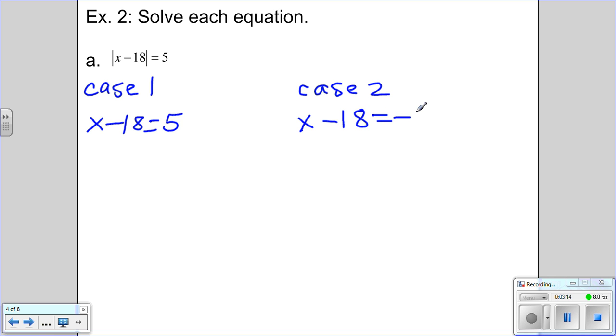Because if x minus 18 inside those absolute value bars equals negative 5, you're also going to get positive 5 for an answer. Okay, so let's solve each case here and see what our two solutions are. So I'm going to add 18 to positive 5. And in case 1, x equals 23.